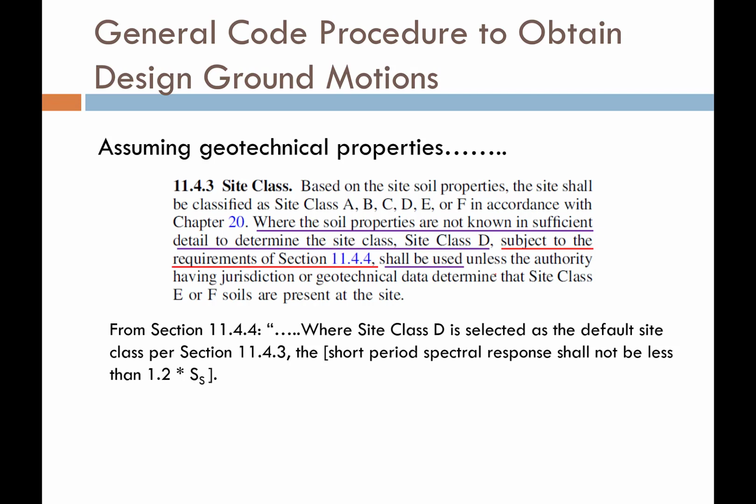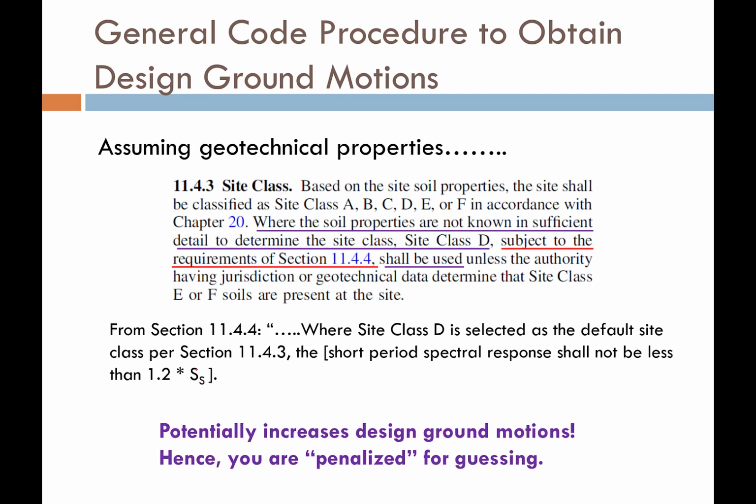If you're going to just assign a site class D knowing nothing about the actual soils of the site, there's going to be a penalty. And if that's the case, then it's going to tell you right here in section 11.4.4 that if you're going to use site class D as the default, then the short period spectral response shall not be less than 1.2 times S sub S. So basically, you're jacking up your ground motions by 20% as an effective penalty, honestly.